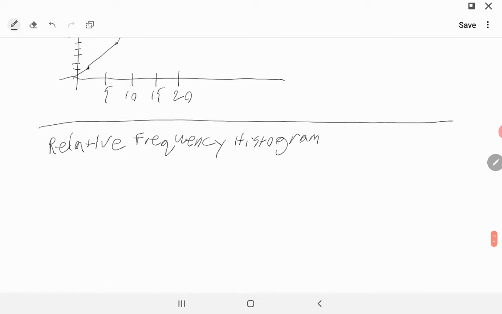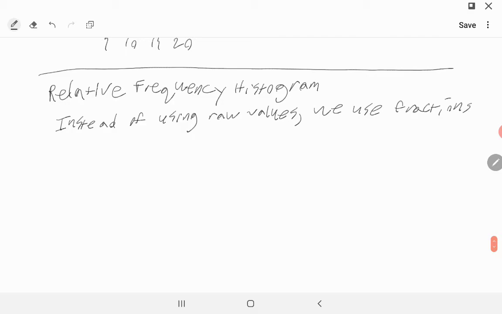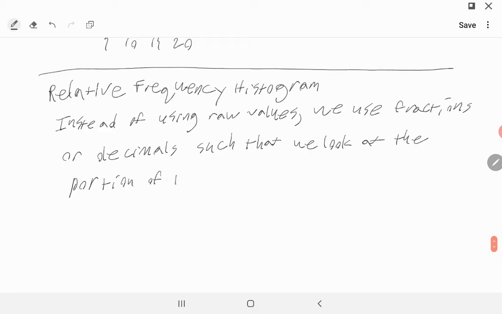And so a relative frequency histogram is basically the same thing as a regular histogram, but now instead of using raw values, we use fractions or decimals such that we look at the portion of the data that falls into each class.